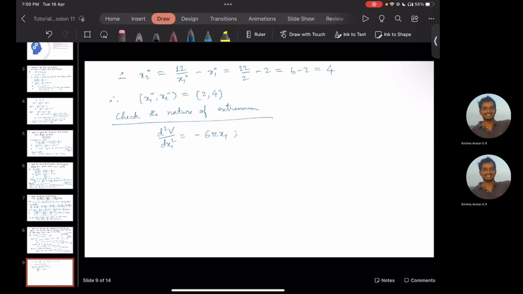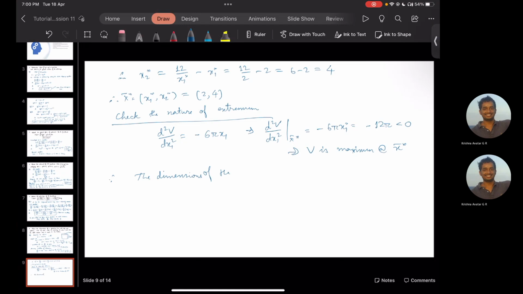At x vector star, this is equal to minus 6 pi x1 star, which is given by minus 12 pi. This is less than 0, negative. So this means that V is maximum at x vector star.